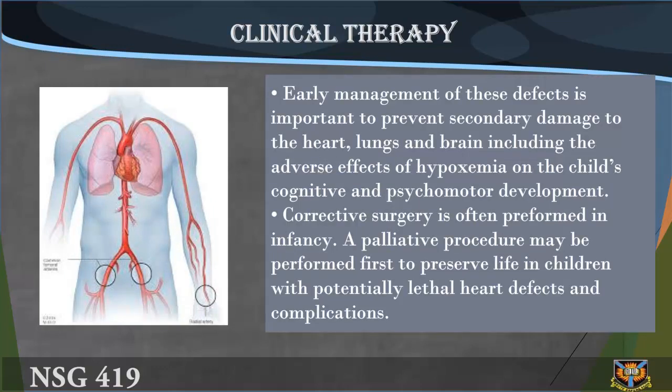Clinical therapy. Early management of these defects is important to prevent secondary damage to the heart, lungs, and brain, including the adverse effects of hypoxemia on the child's cognitive and psychomotor development. Corrective surgery is often performed in infancy. A palliative procedure may be performed first to preserve life in children with potentially lethal heart defects and complications.